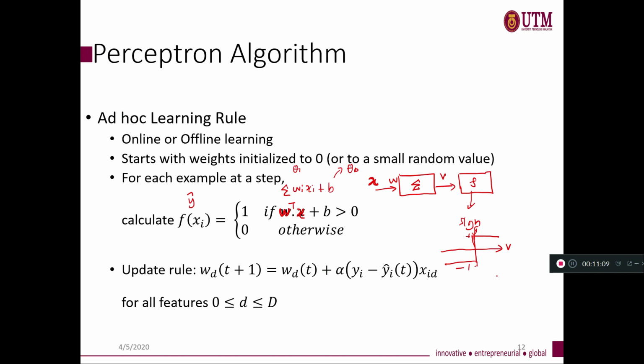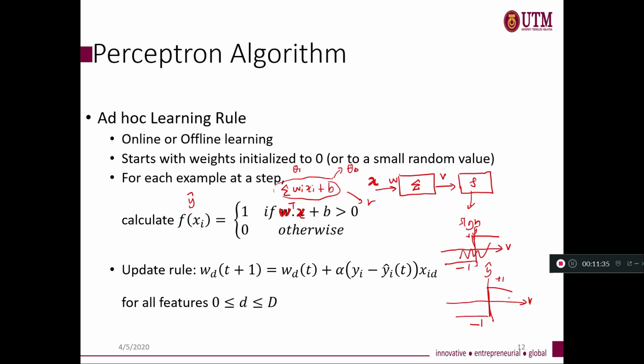Okay, so let me draw this again. So this is the v, this is your y, this one is plus 1, this is minus 1. So this value will produce v, like you see in this block.